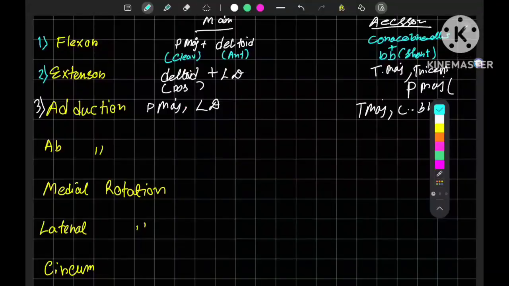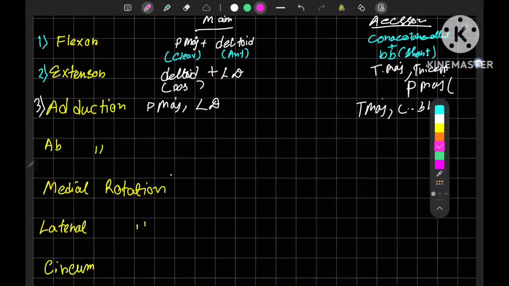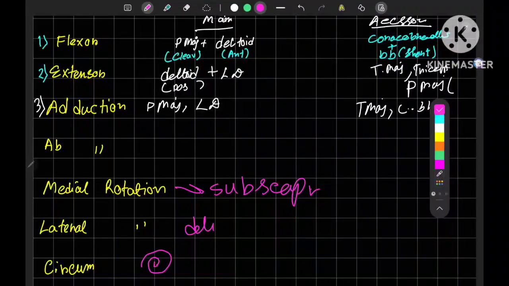How to think? The medial rotation is easy enough. The medial rotation is by subscapularis. The lateral rotation is by the deltoid, and circumduction, all the muscles involved in the above movements are also responsible for circumduction.